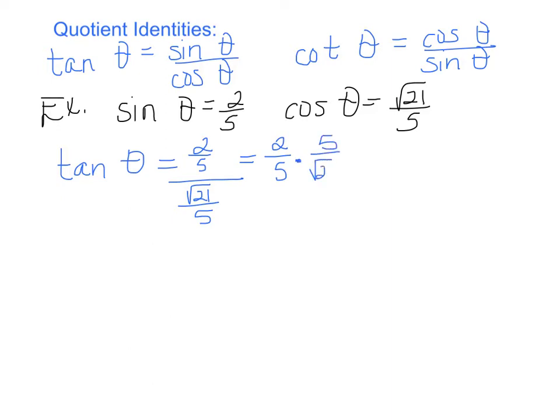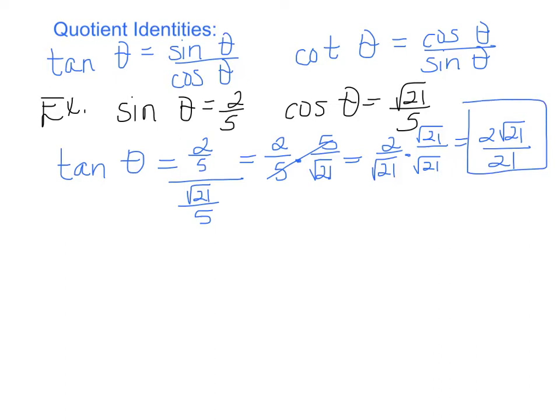Change meaning you're changing the division to multiplication. And then these would cancel. And here you have a case where you have to rationalize the denominator. And if you remember, to rationalize it, you multiply top and bottom by the square root of 21. 2 square root of 21 over 21.